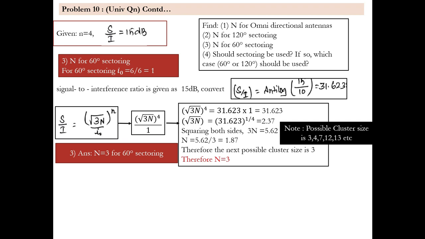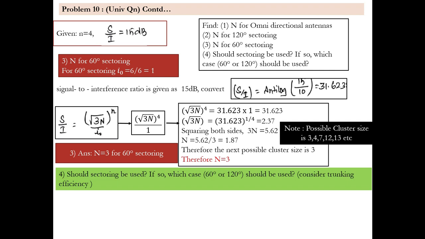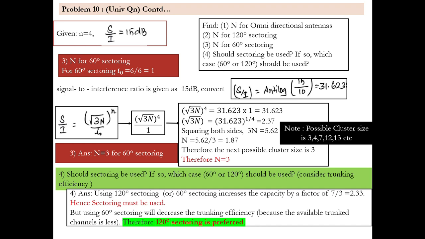So for all the three cases, we have found out the n value. Now the fourth question was, should sectoring be used? If so, which case, 60 degree or 120 degree should be used? Consider trunking efficiency. Now let's see how to answer this particular question. When we do sectoring, what happens? The cluster size is decreasing.